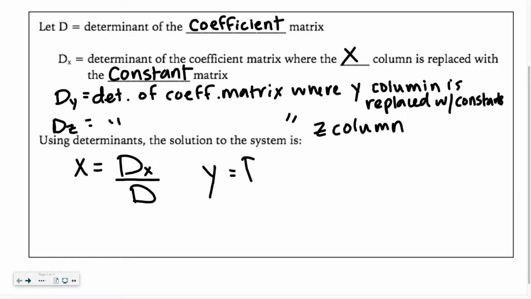Y is the determinant with the y column replaced, divided by the original determinant. So on and so on. So Z is the determinant with the z column replaced, divided by the original determinant of the coefficient matrix. So think about determinants from what we know from Wednesday. They're just numbers, right? So we're taking a number divided by another number, and that's our answer.